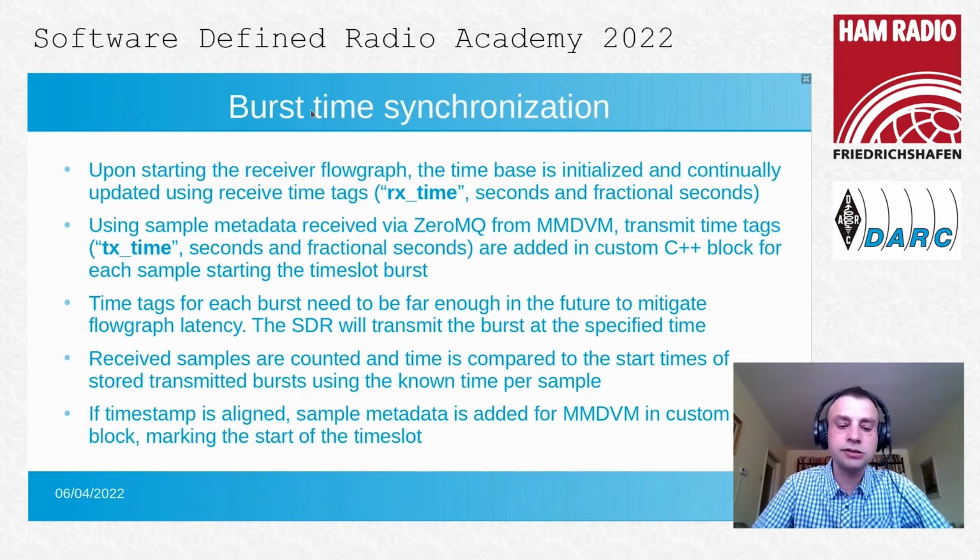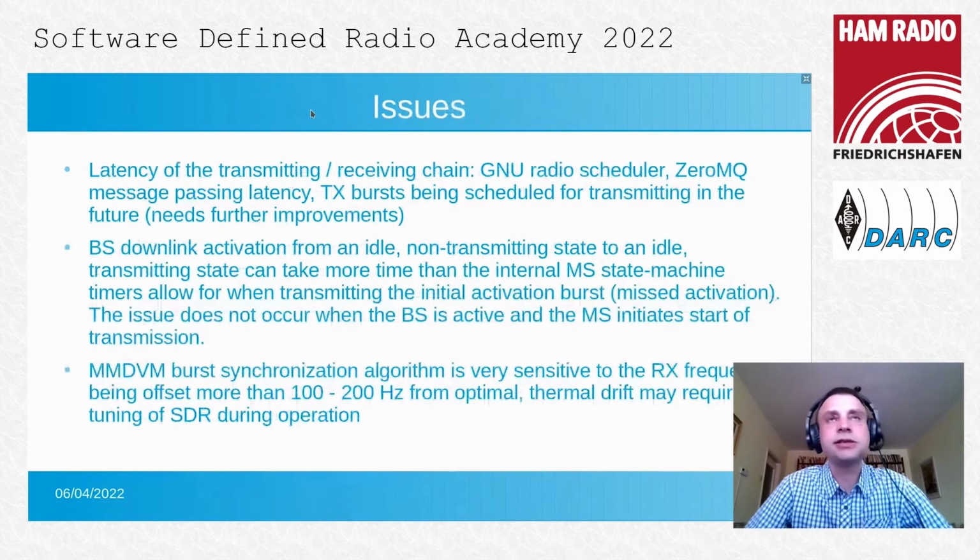So this mechanism worked fairly well, and I was able to create this base station and receive transmissions from the mobile station, but there are still a couple of issues with this approach.